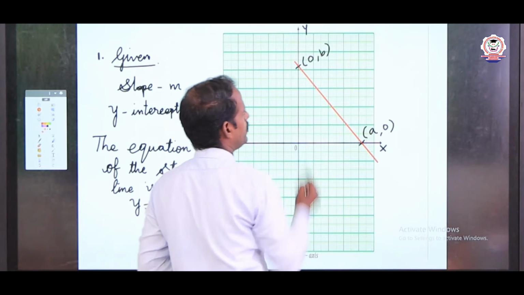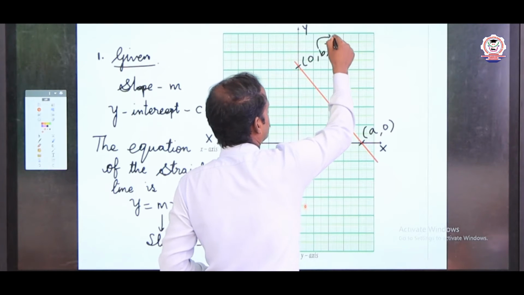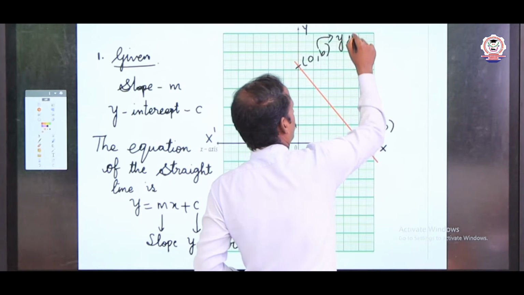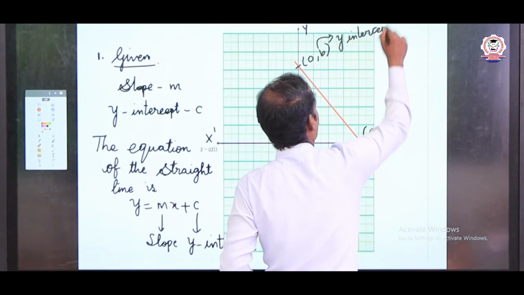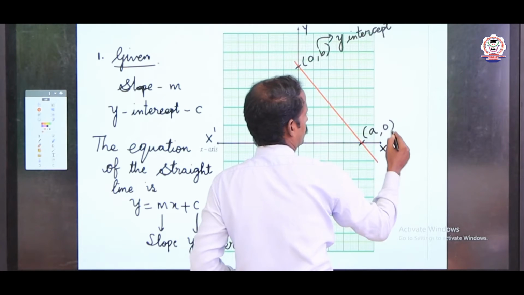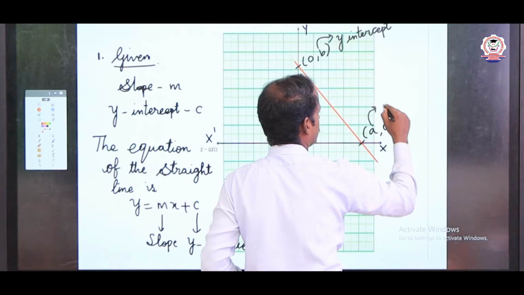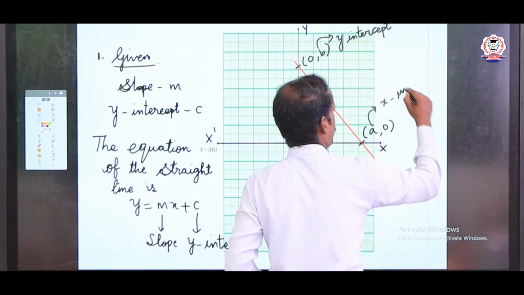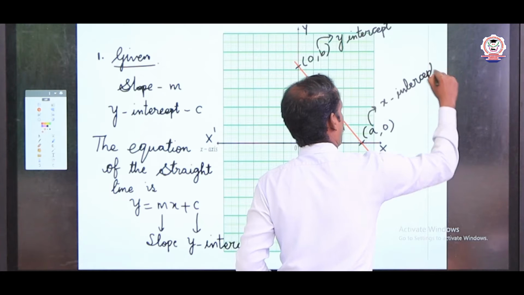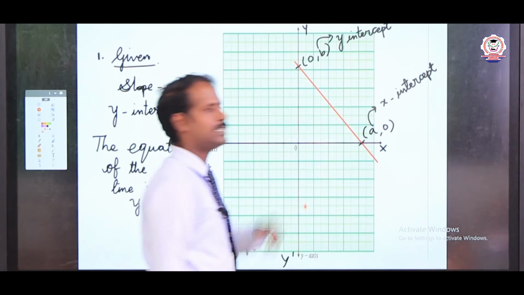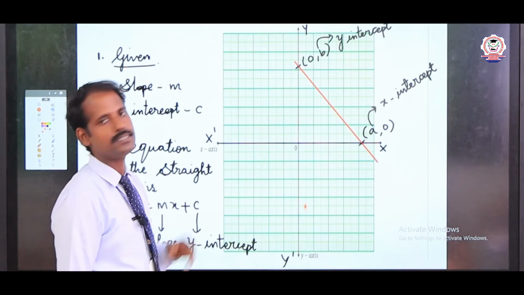So b is the y-intercept. Here a is the x-intercept, and b is the y-intercept.